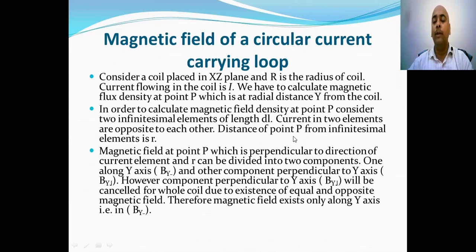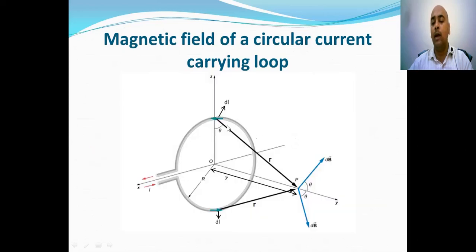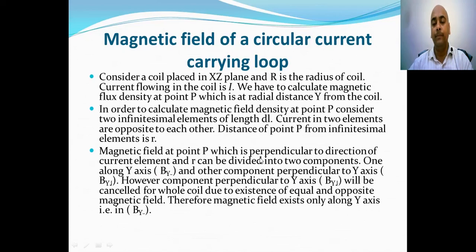The distance of point P from the infinitesimally small element is small r, where small r is the radial distance between the small element dl and point P. The magnetic field at point P, which is perpendicular to the direction of the current element and r, can be divided into two components, one along the y-axis and the other perpendicular to the y-axis.